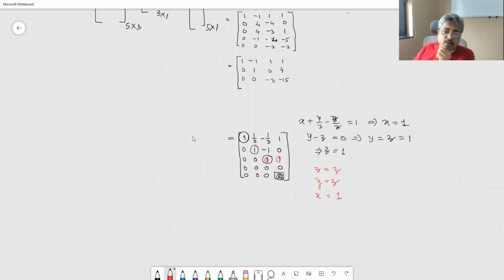X is fixed at 1 because y and z get cancelled. And therefore the solution set, if this was 0 and this was 0, then you have flexibility for one variable, because you ended up getting two pivots. Z is equal to z and x is equal to 1 and y is equal to z. That would be your solution set.